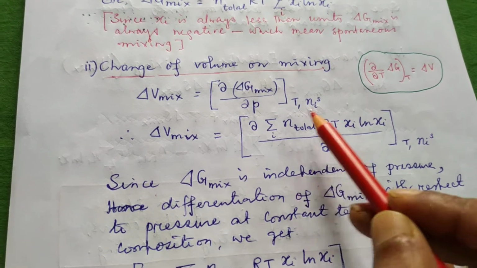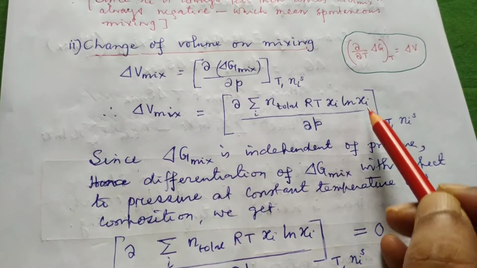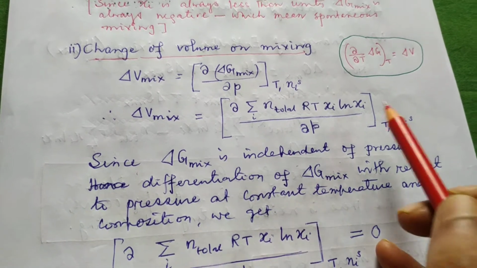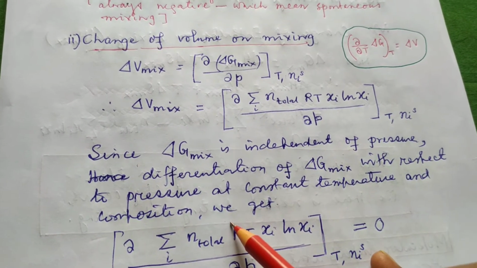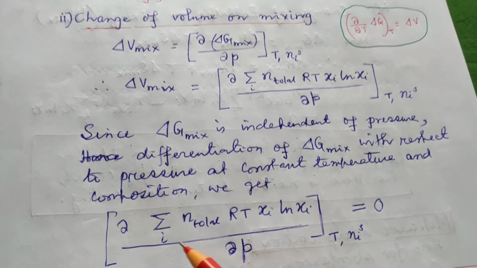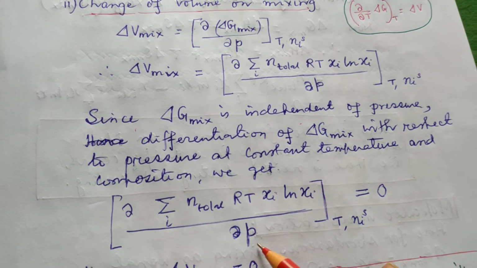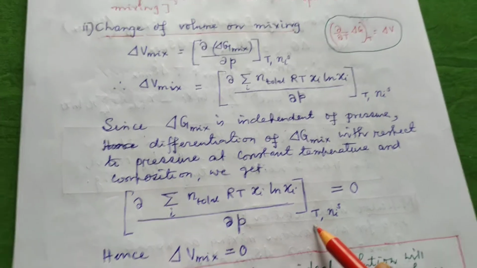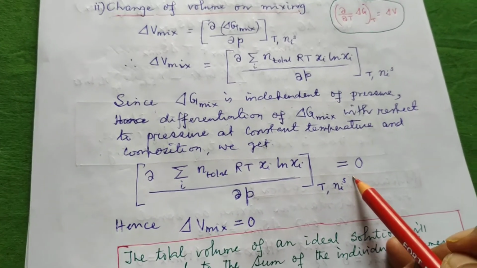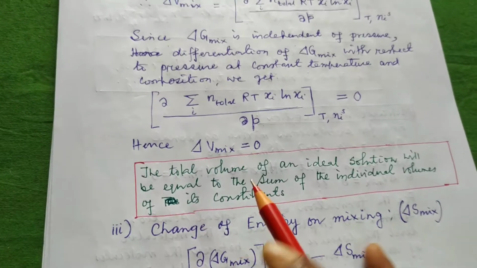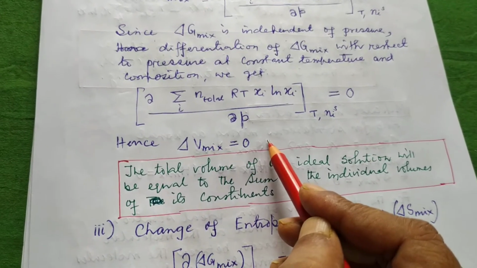So differentiation of ΔG mix with respect to pressure at constant temperature and composition equals 0. Hence, we can say ΔV mix equals 0.